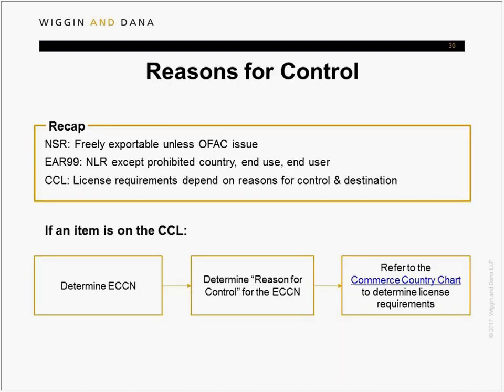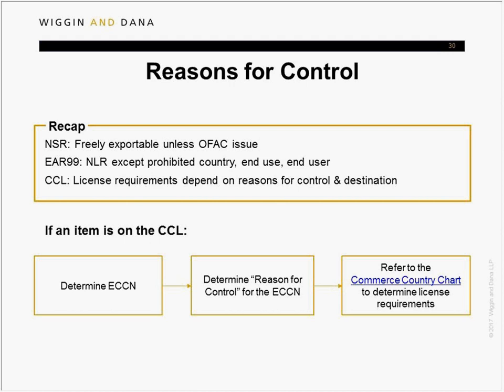All right, so what have we done? We have, in our imagination, scrutinized the CCL for the item we want to export, and we have figured out where it is enumerated on the CCL. Unfortunately, we've concluded that it's not subject to the regulation. It's not NSR. It's not fundamental research, for example. It's not EAR99.